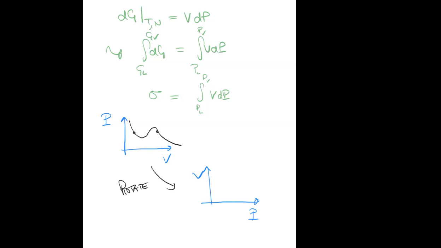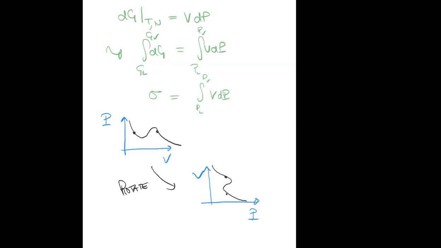Sadly, this is now on a computer. If I had it on a sheet of paper, I would just take that piece of paper and fold it over. So now I have to think what this looks like. At large volume, the pressure is small. And so then it does something like this. It loops and goes like that, okay? So again, I just rotate it by 90 degrees.